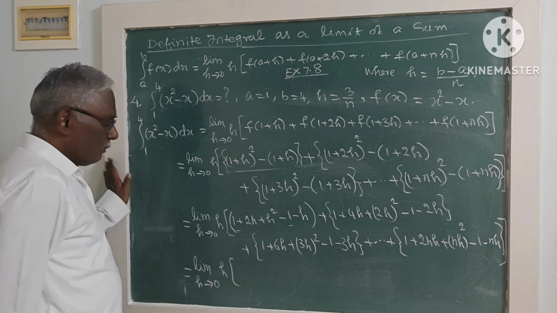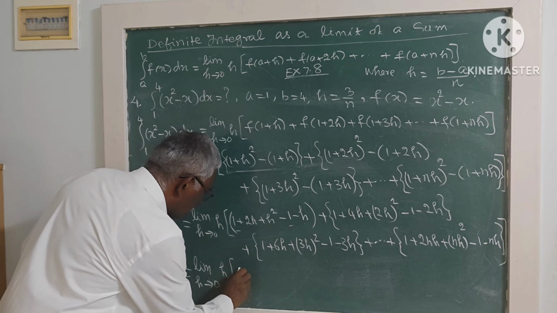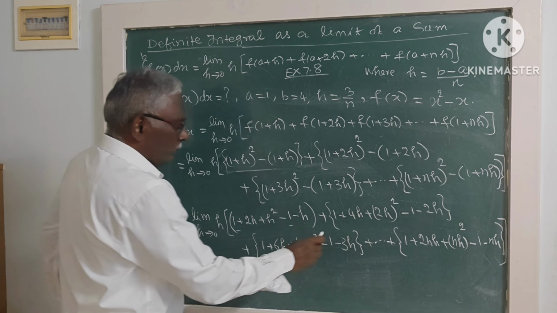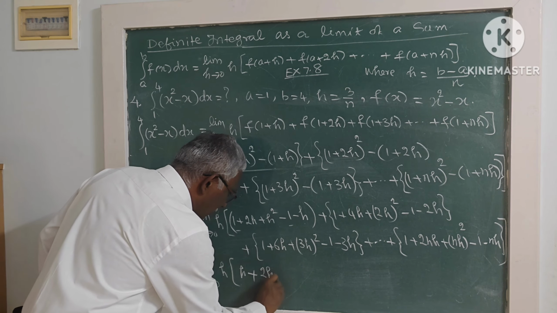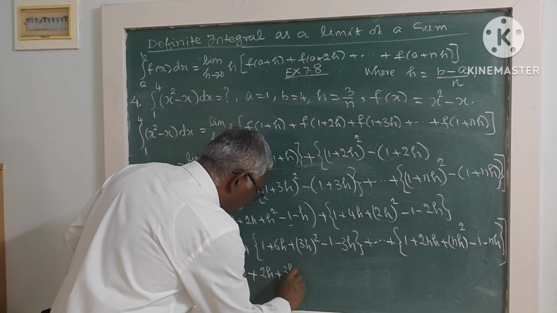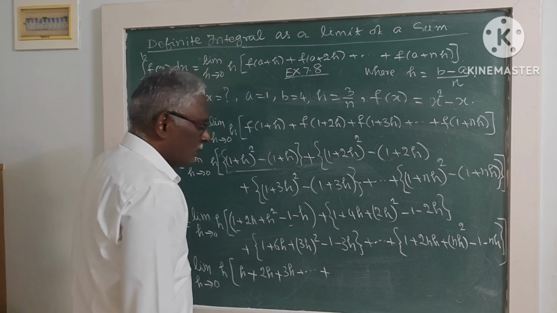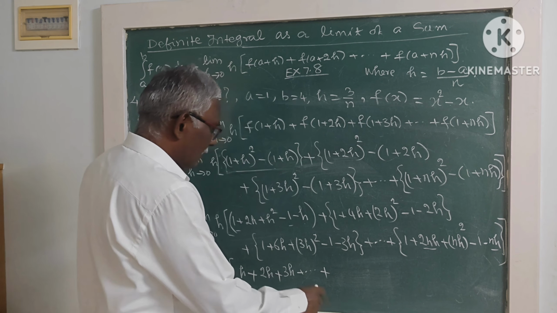So we take the h term now. 2h minus h is h, 4h minus 2h is 2h. 6h minus 3h is 3h plus etc. 2nh minus nh, that is nh.